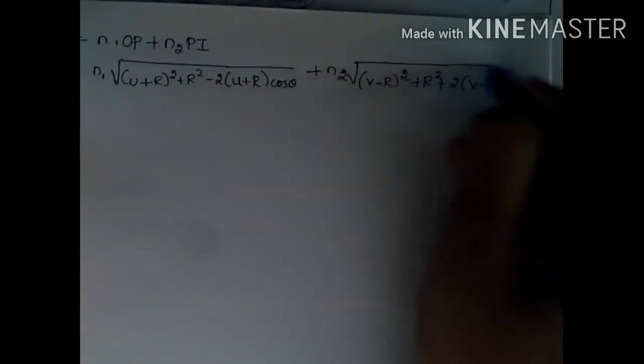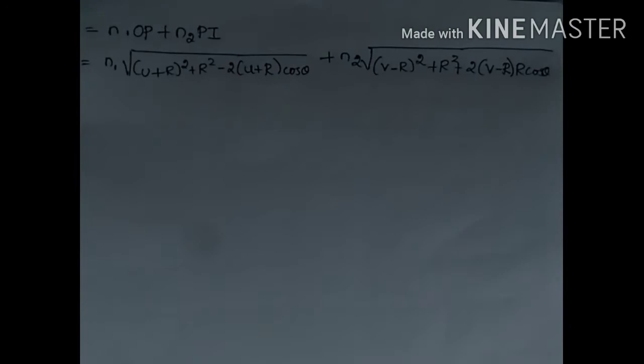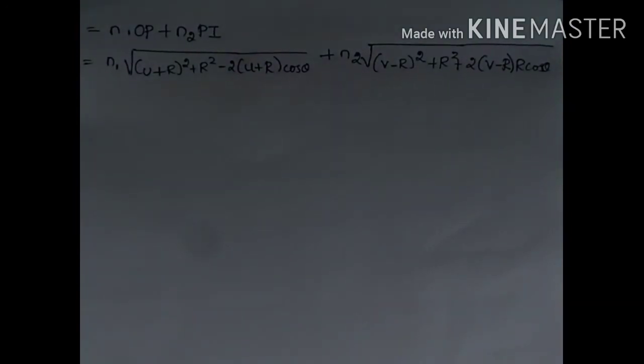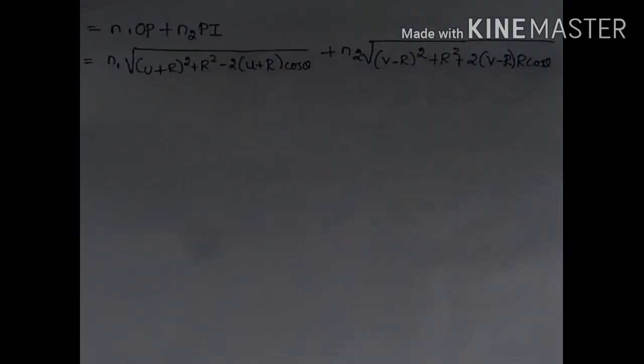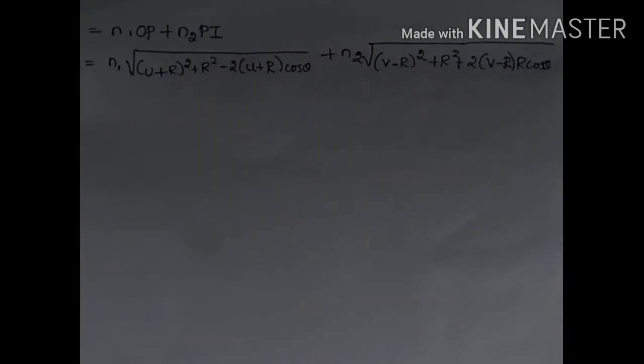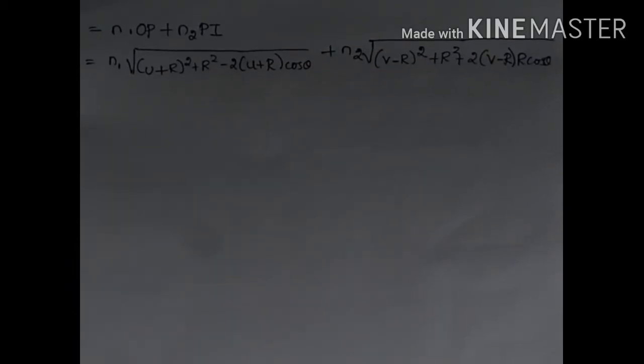So this is for PI. So now you have two terms. The first term is multiplied with n1, the refractive index of medium 1, and the second term is multiplied with n2, the refractive index of medium 2. Now let us try to solve this equation.